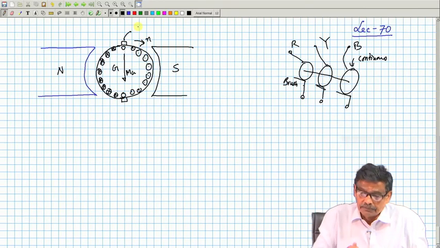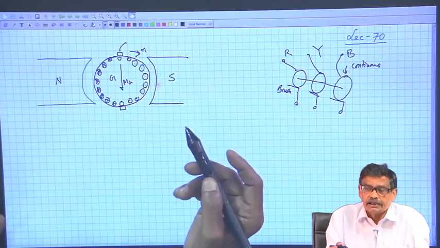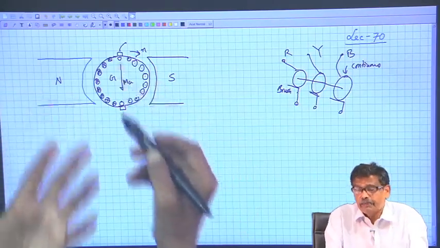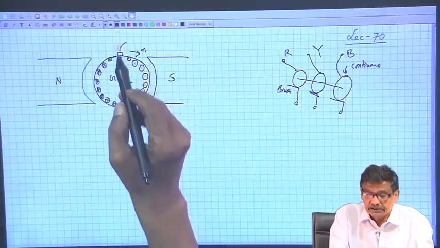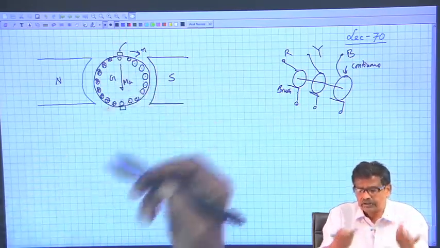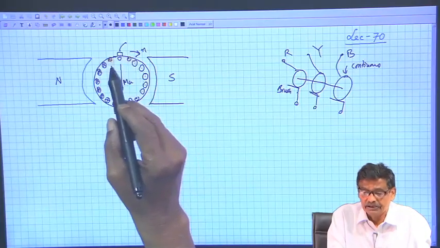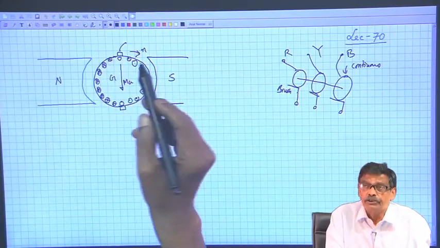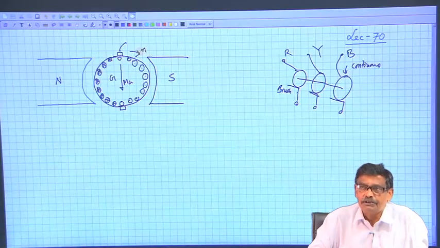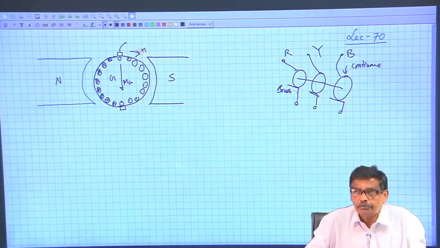Armature flux MA depends upon IA straight away. If it is a large machine, large current, MA will be large, this quadrature B will be large, there will be large voltage, circulating current, and induced voltage in the coil undergoing commutation too will be large because of the inductance effect, so more flashover is expected.